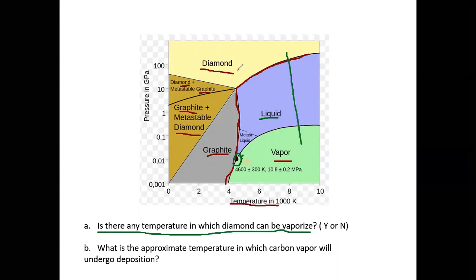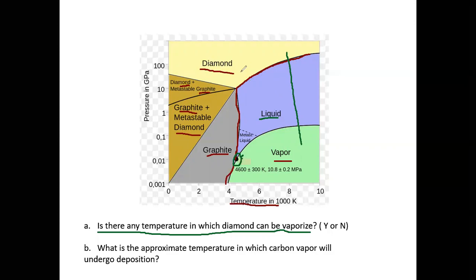And as you see, diamond never crosses the vapor boundary, so it cannot be vaporized. Diamond can melt into carbon liquid, and then carbon liquid is vaporized into carbon vapor. But diamond cannot directly vaporize into a carbon vapor because it never touches the vapor boundary.